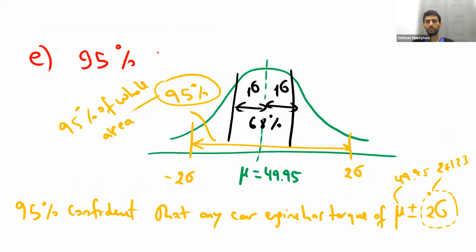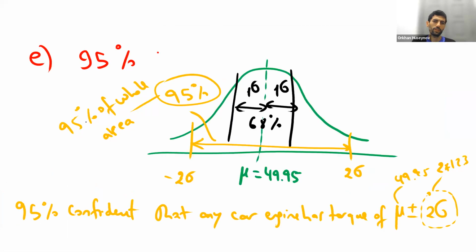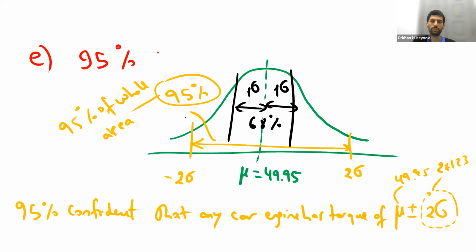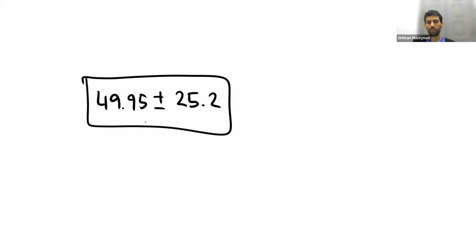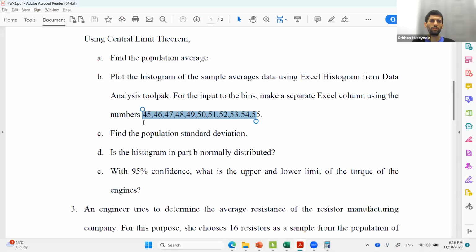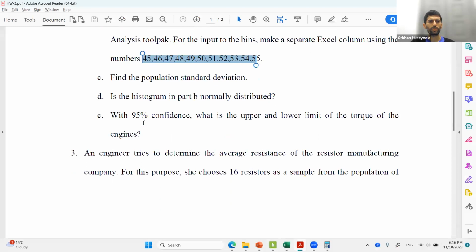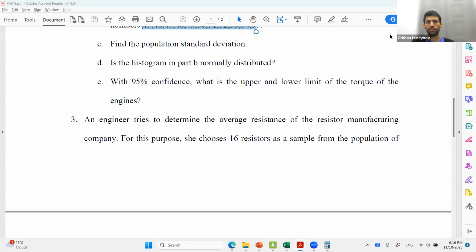So it will be 49.95 plus or minus 25.2. Okay. That is what the question asks. And this is question number 2. And then question number 3, we can do that.